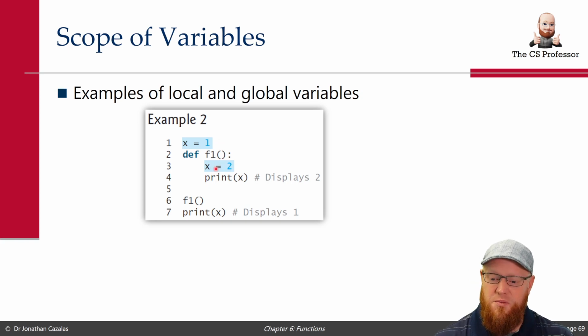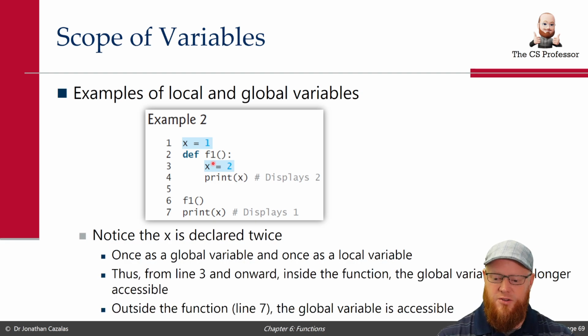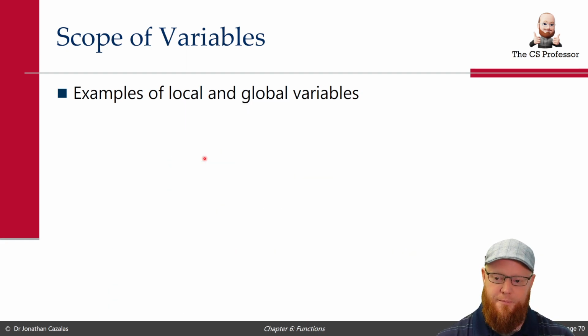Because when this function finishes, the activation record is removed from the function call stack, and this local variable x, which equals 2, no longer exists. This is the idea. So x is declared twice, but the first time as a global variable, and the second time as a local variable, local to this function f1.